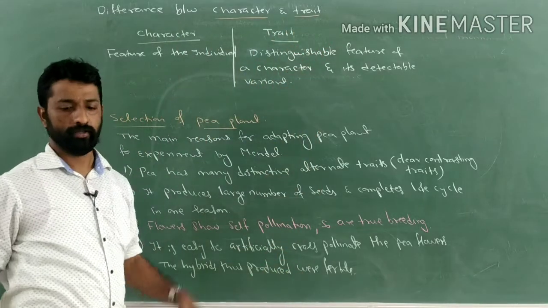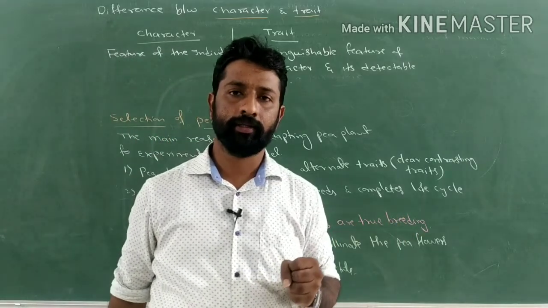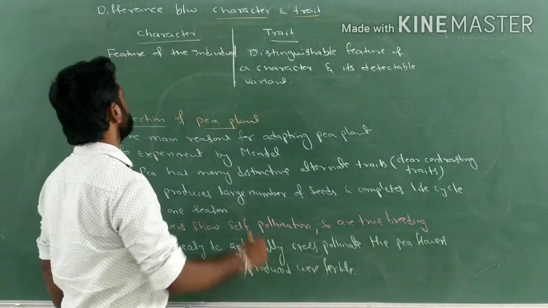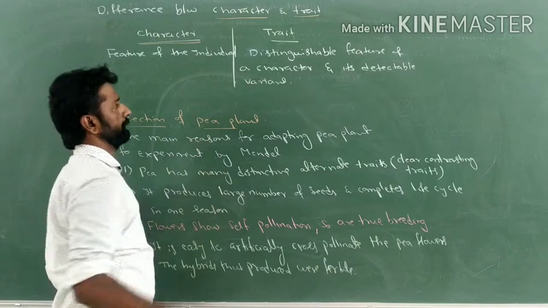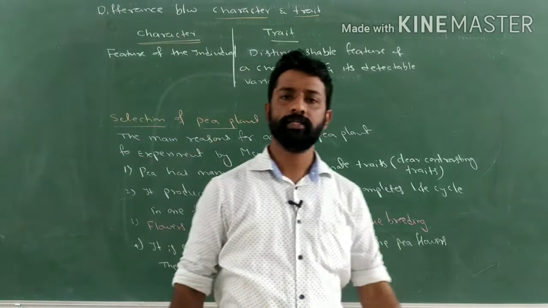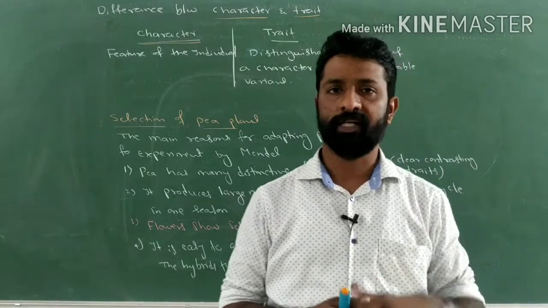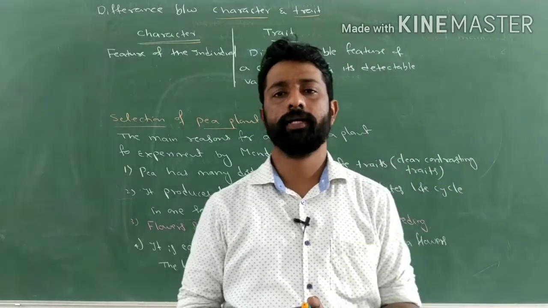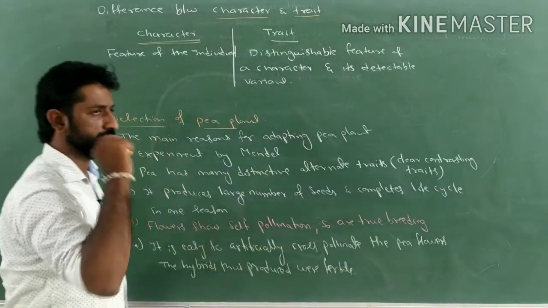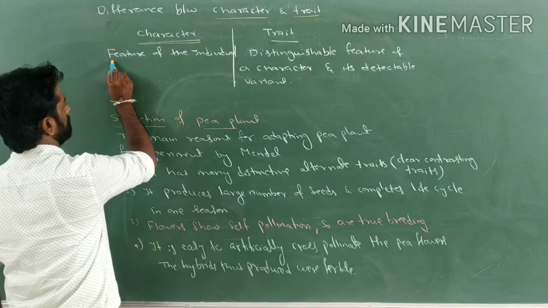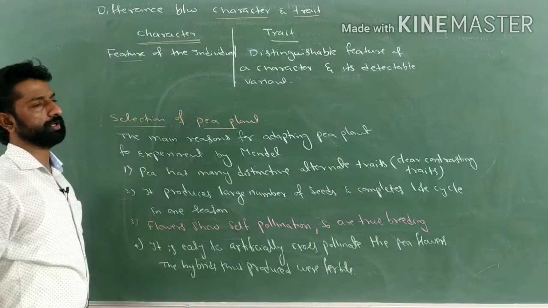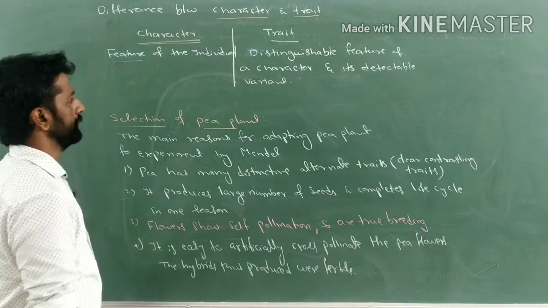Let us understand the difference between the character and the trait. First, character means an identifiable feature of any organism or any individual. I will repeat once again, it is nothing but an identifiable feature of the individual.